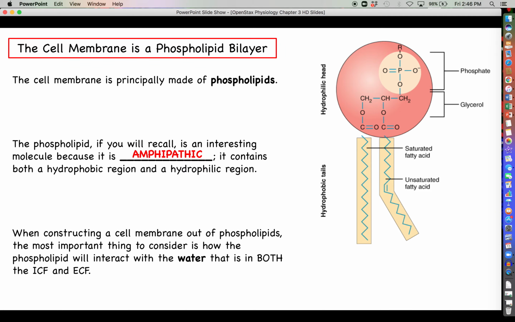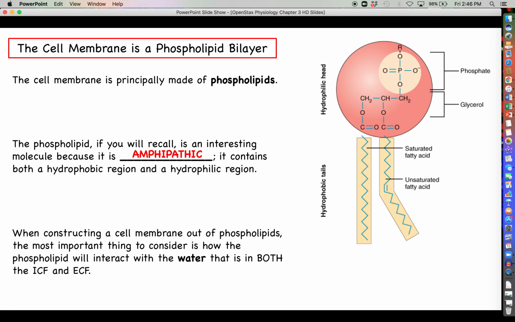Now, the thing to consider is that we are constructing an entire cell membrane. So we're going to use lots and lots of these phospholipids like little building blocks to make our actual cell membrane. So in trying to determine the best way to build a cell membrane, we need to consider how these phospholipids are going to interact with water.